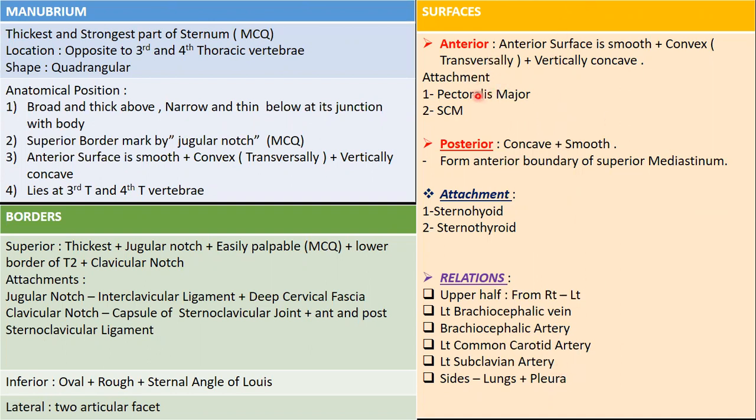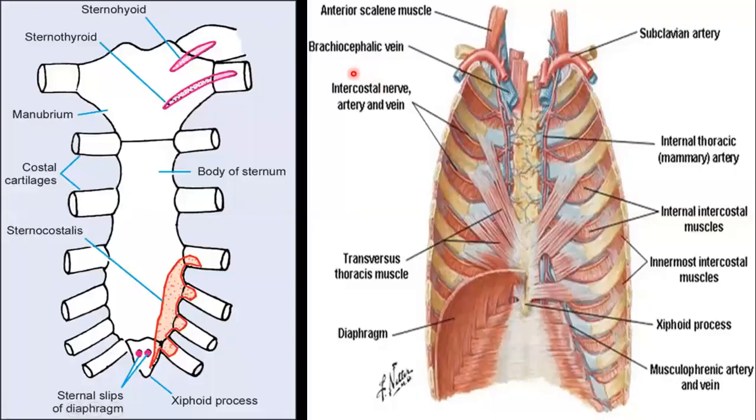See that anterior is related to pectoralis major and sternocleidomastoid. Then the posterior attachment is sternohyoid and sternothyroid. That is very important. And its relation, from where we have studied, is from right to left. That is, we see the attachments from here to here.